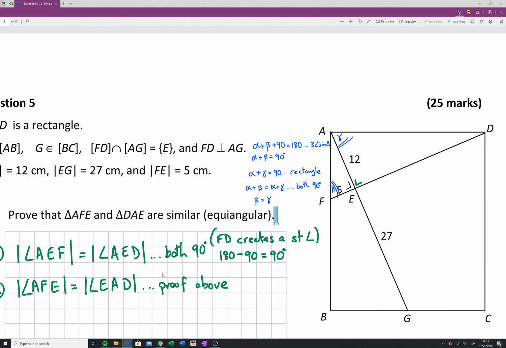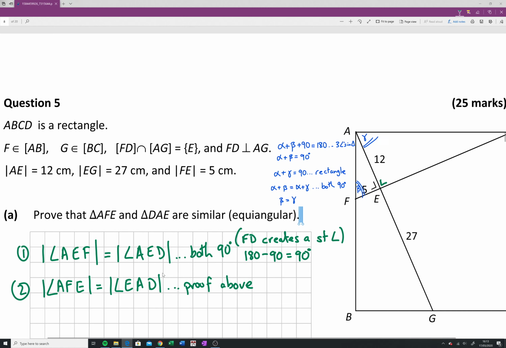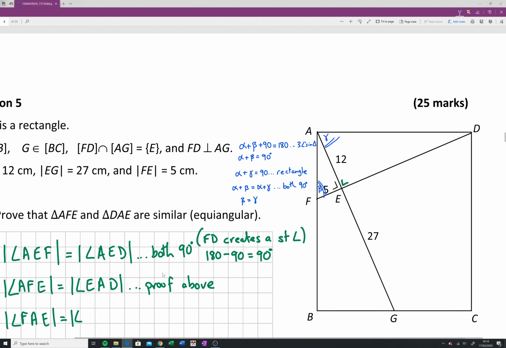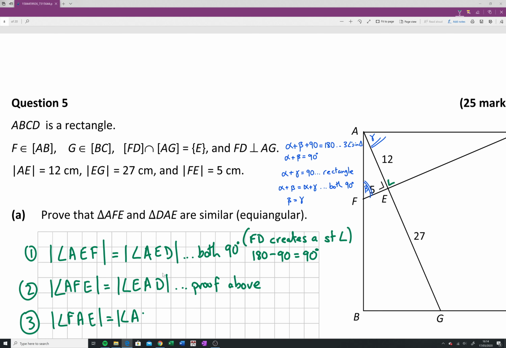And so with gamma, which is the same as beta, and the right angle, plus the extra one would be 180. Therefore those two things have to be the same. So really what you can say here, number 3, is that angle FAE is equal to angle ADE. And the reason is the remaining angle in a triangle. Okay, there you go.